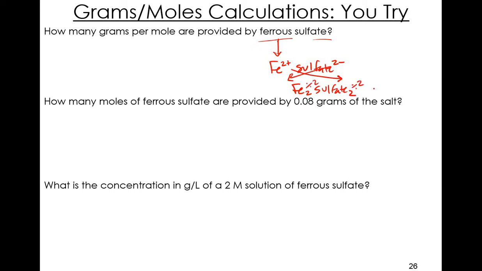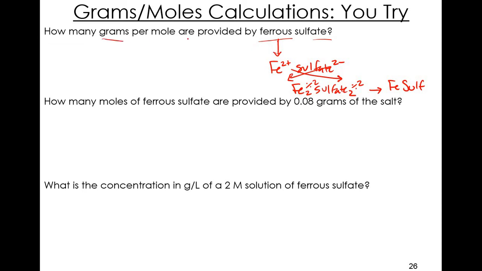If there's a factor in common, like 2 in this case, that can reduce down to Fe sulfate. No need to memorize the molecular formulas of polyatomic ions if you don't want to. So this tells us that there's one iron ion and one sulfate ion in ferrous sulfate.